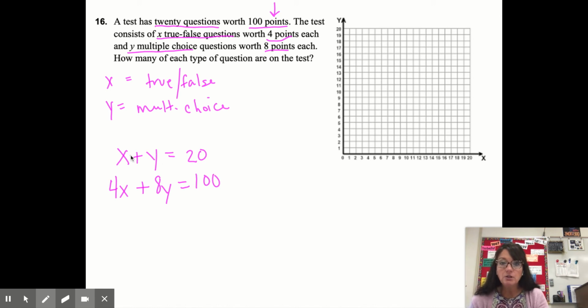So one thing we can do is pretty easily, the first one can be easily solved for y. So we'll rewrite it and we'll say we're going to subtract x from both sides. So y is equal to -x plus 20. And we could graph this because we can go all the way up to 20, which is our y-intercept.